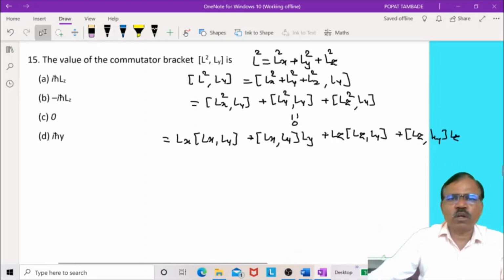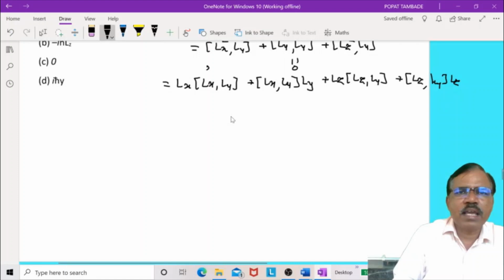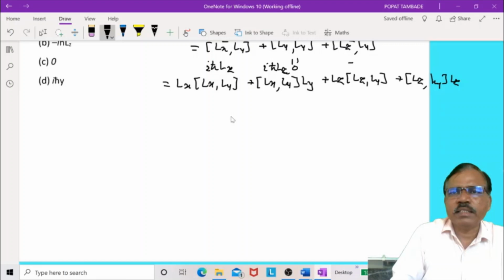And if we solve this, we know [Lx, Ly] is iħ Lz, this is iħ Lz, this one is minus iħ Lx, this is also minus iħ Lx.